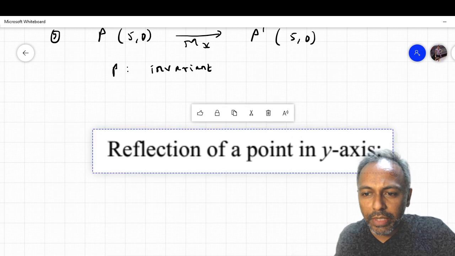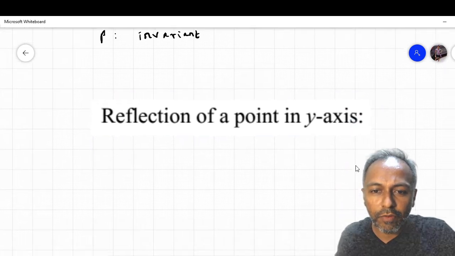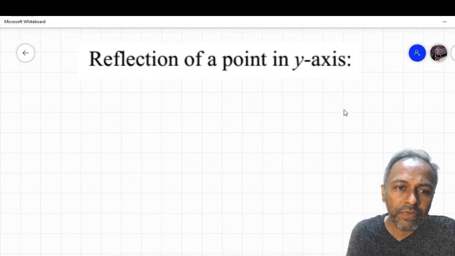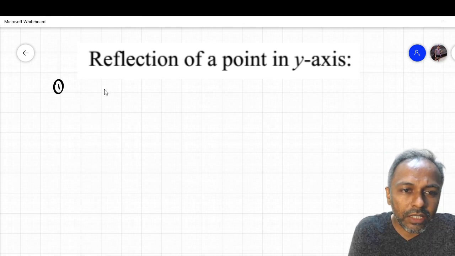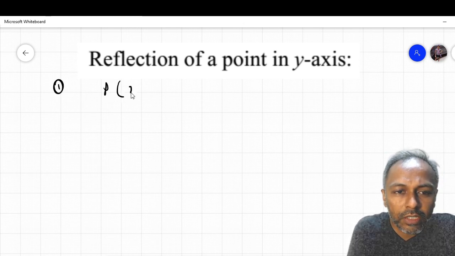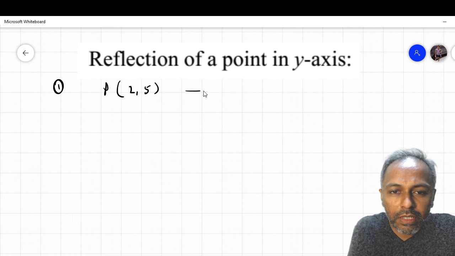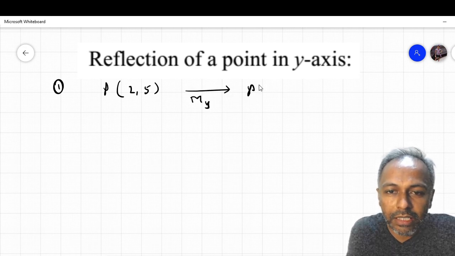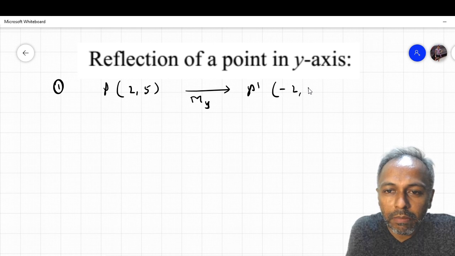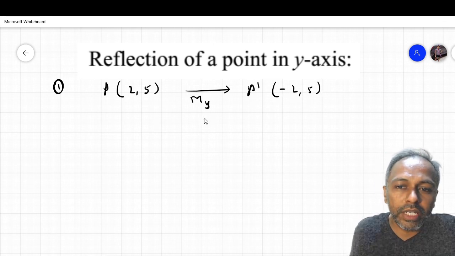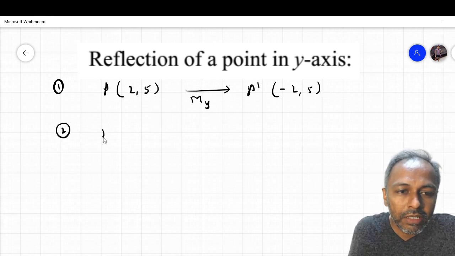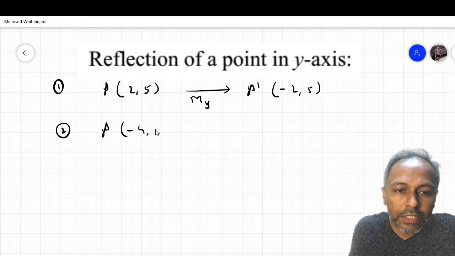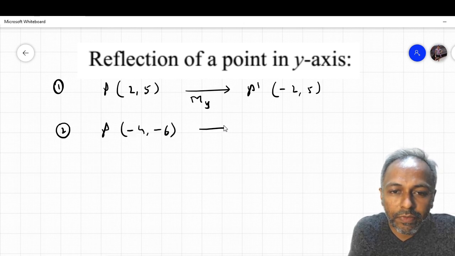Let us now take some examples for the reflection of a point in the y-axis. Let us consider a question like P(2, 5). Say it's reflecting or mirroring about the y-axis, then P dash will become (-2, 5), the x coordinate sign will change. Let's take one more, (-4, -6).